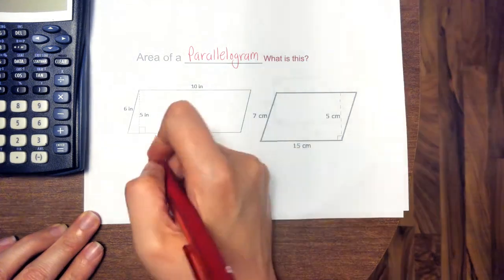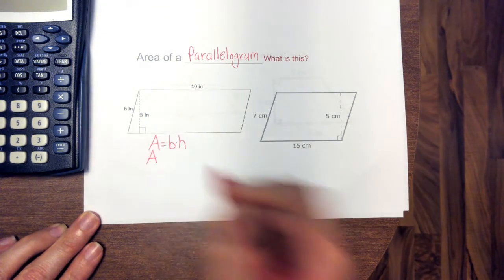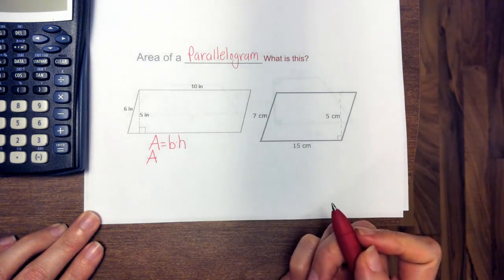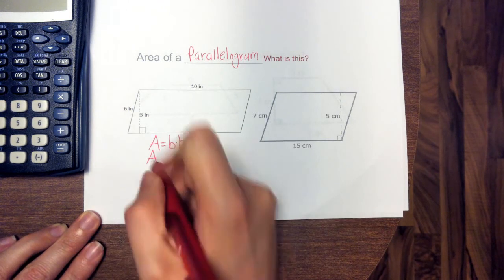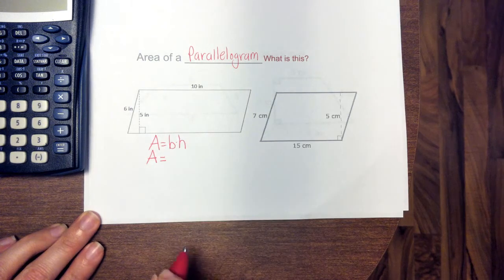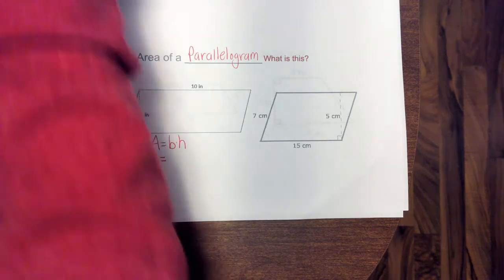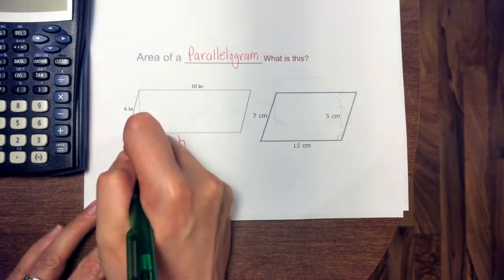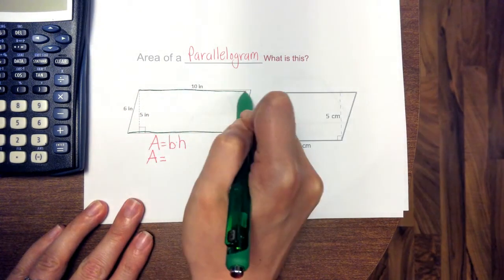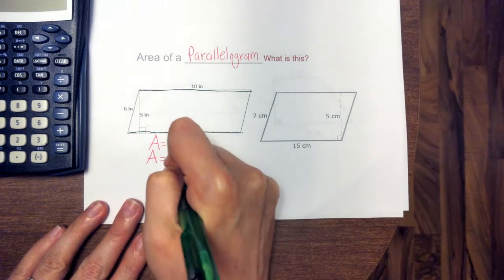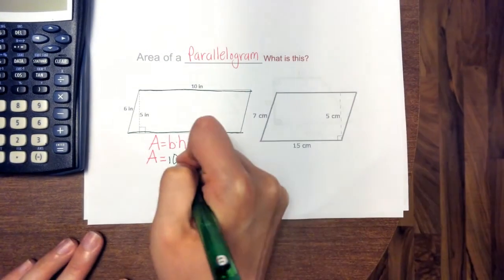So we have our area. We don't know what the area is. We're trying to find that. That's why this stays an A. We do know our base. I know it might not look like we know what this is because it doesn't tell us, but remember, the opposite side is exactly the same. So we know our base is 10.